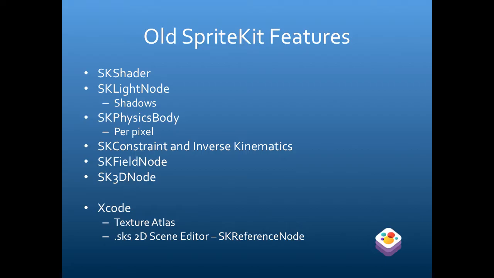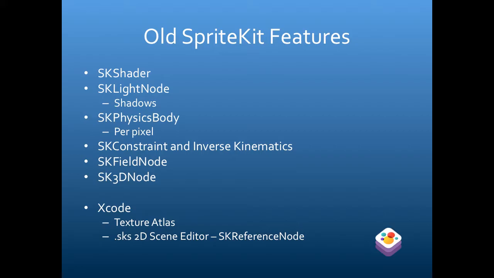When I first started making my space game, I tried to program gravity in, and it was miserable, and it didn't work very well, and I hated myself. Then I found SKFieldNode, and it did all the work for me. All I had to do was change a number and hit build again. Great. SK3DNode, you can put 3D stuff in the 2D framework. Who knew?